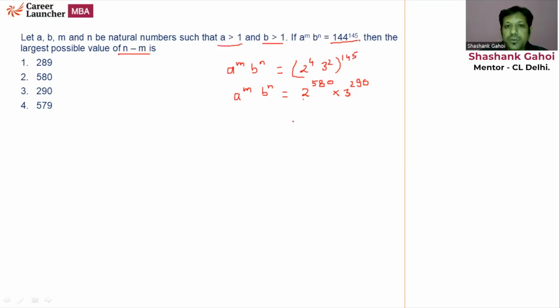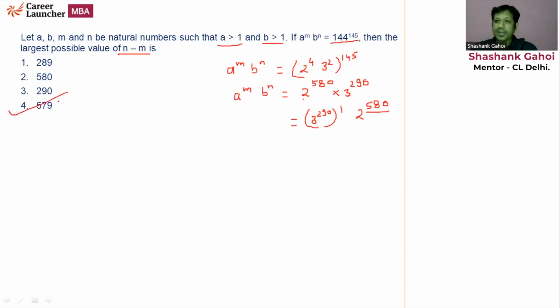Okay. So I have to maximize the powers. So basically, I can take one number as 3^290 itself, power 1, and 2^580. So one power becomes 580, the second power becomes 1. So the difference of the two powers becomes 579.